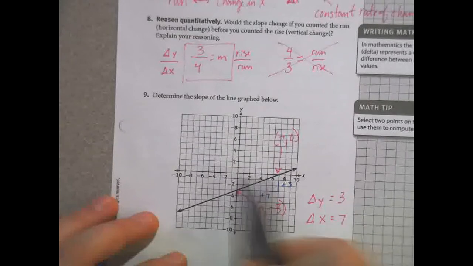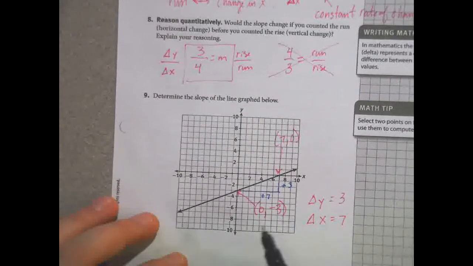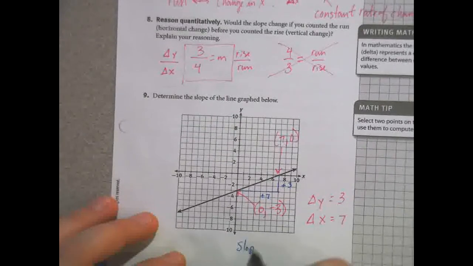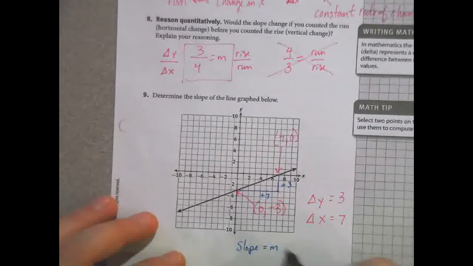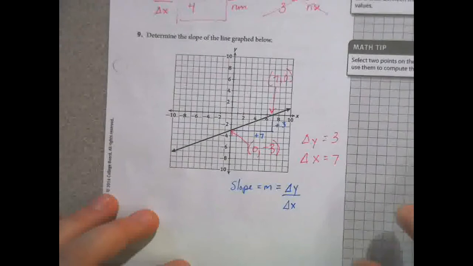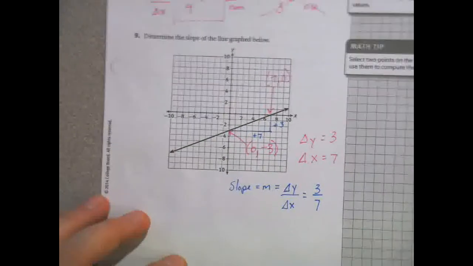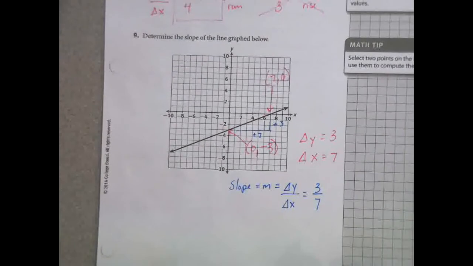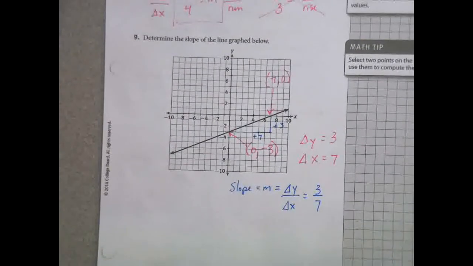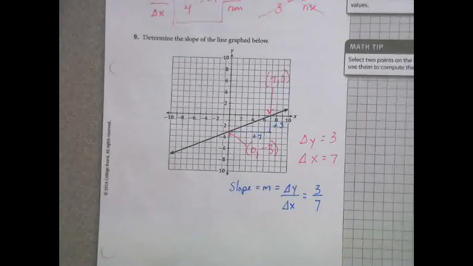Your change in x is still 7. So it's 3 over 7. So my slope, which again is m, my change in y over my change in x, is 3/7. We always express slope as a ratio, so it normally looks like a fraction. There are cases where it will be a decimal, but we prefer to keep it as a fraction.